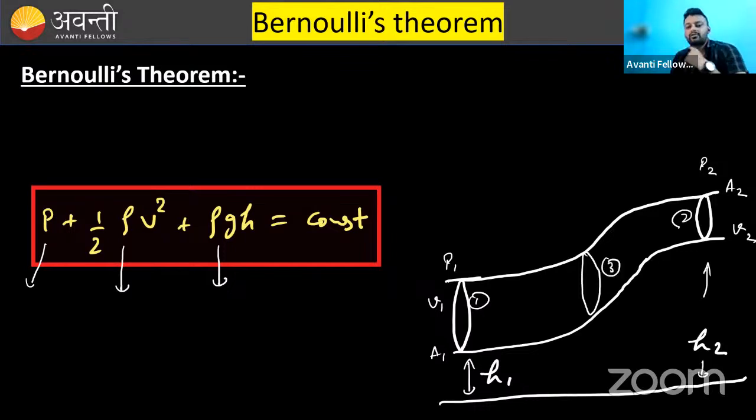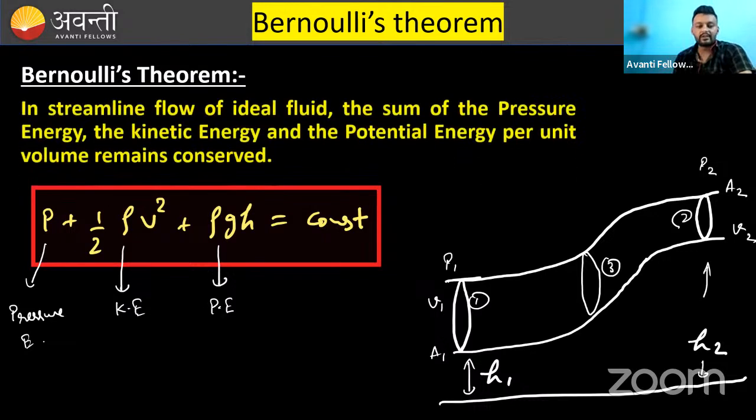For any of these cross section areas, the sum of these energies is conserved, is constant. This is pressure energy, this is kinetic energy, this is potential energy, and for any cross section, it is constant. It is mentioned here as well: in streamline flow of ideal fluid, the sum of the pressure energy, kinetic energy, and potential energy per unit volume remains conserved. Is this point clear?